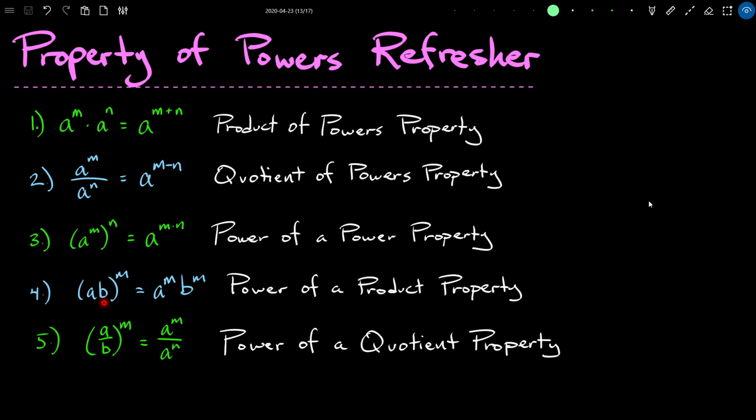If this is all multiplication or division, the power can be applied to everything on the inside. There cannot be addition or subtraction separating terms. And I see an error that I wrote down here. Just because I was so used to writing M and N above, this should be an M on the bottom.